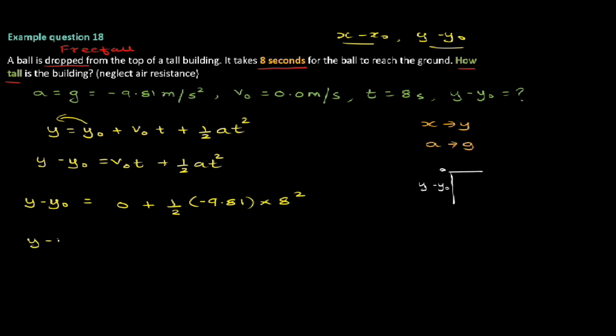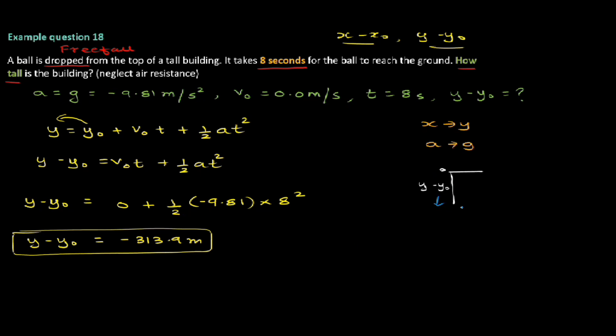You get y minus y0 equal to negative 313.9 meter. The negative sign here only indicates that the ball is moving in the downward direction. So the height of the building is the same as the distance through which the ball falls. So I can write the height h as 313.9 meter.